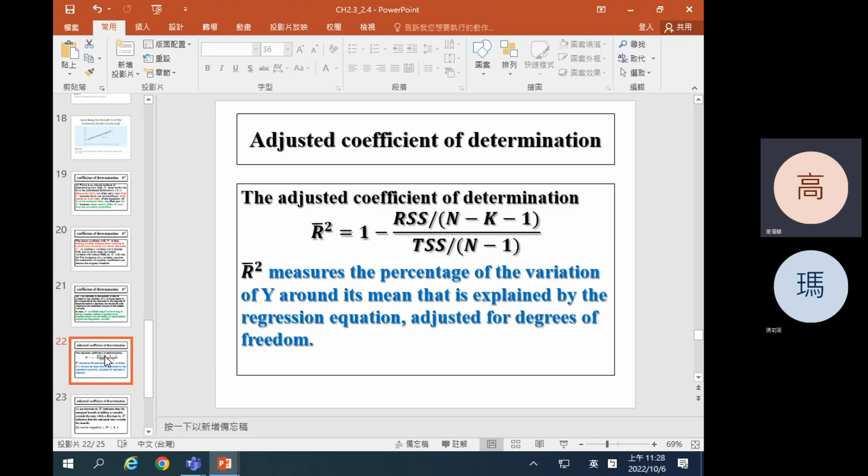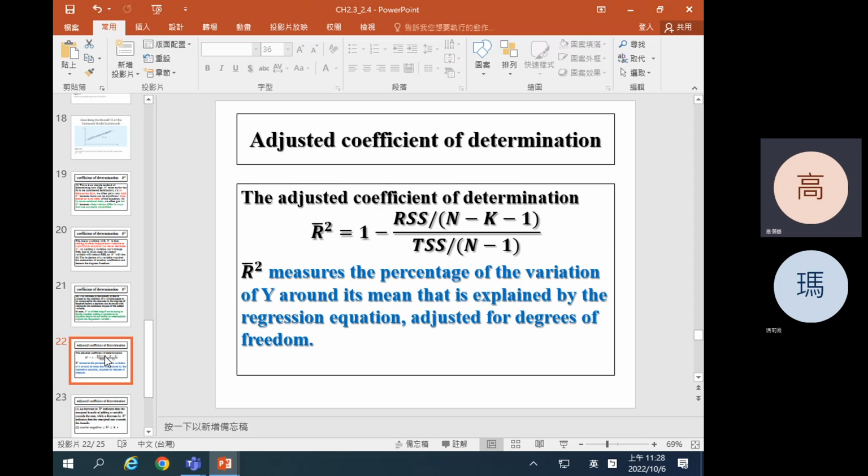How many x variables do we have? 2. One is hard, the other one is easy, right? So k is 2. So again, this one is 25 minus 2 minus 1. So what is this equal to? This one is 22, right?